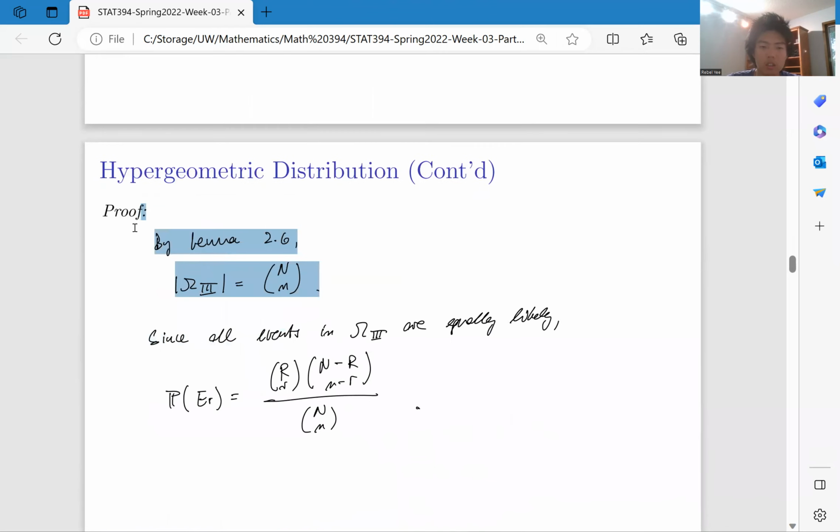So here, this question can be solved. Because this is a probability measure, we use the event's cardinality divided by the sample space cardinality. So P(E_r) is equal to R choose r times N minus R choose n minus r, divided by N choose n. So that's all about it.